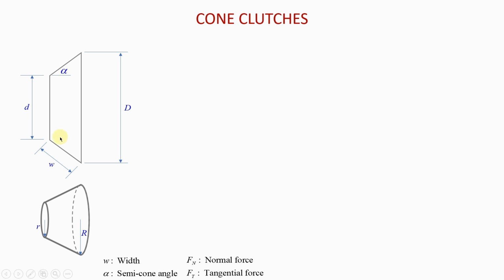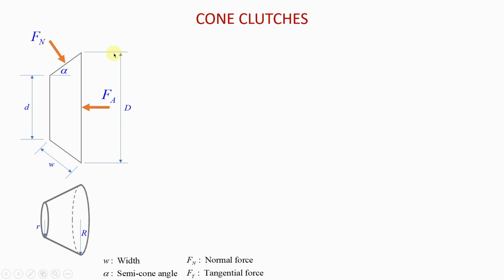The included angle is the angle you get if you extend that line and this line, where they will meet. If you measure that angle, that is the included angle of the cone. So alpha is half of that angle. That is why it is referred to as the semi-cone angle. And the actual force will act in that direction.